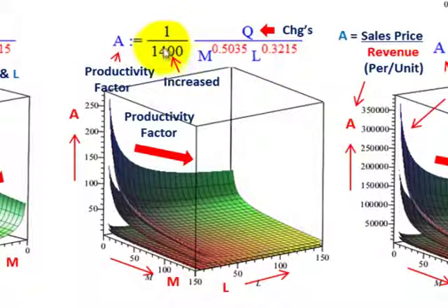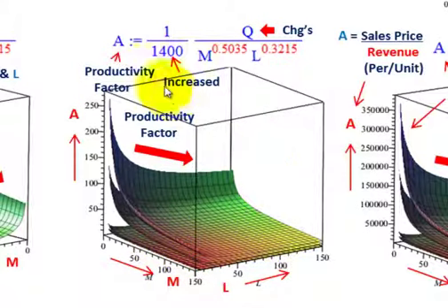Looking at this A as a productivity factor, I'm just increasing our selling price, starting at 1,400 and then increasing it up. I'm showing about 3 or 4 different levels where I increased the selling price, or the revenue on a per unit basis. So you can see you're having a greater productivity factor when you increase those revenues on a per unit basis, or your selling price, but they are again decreasing when you increase your material and your labor inputs.